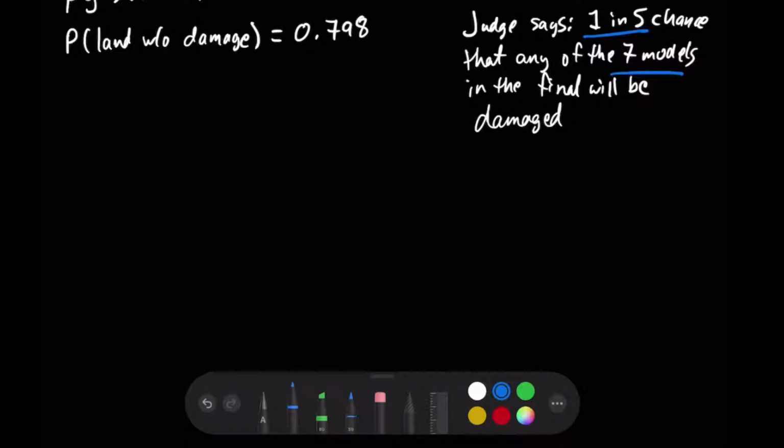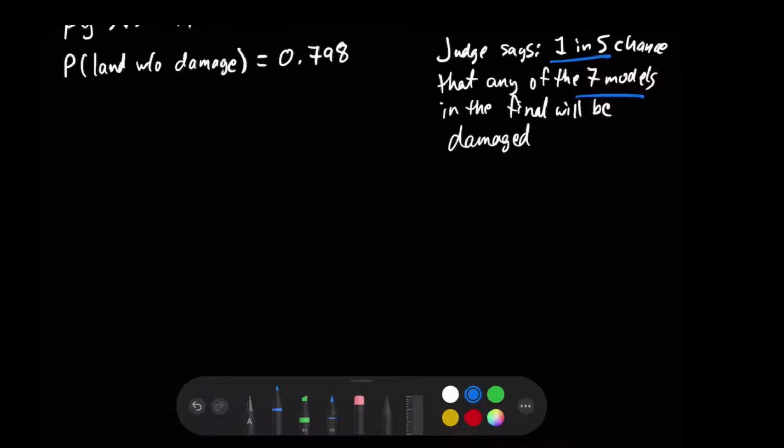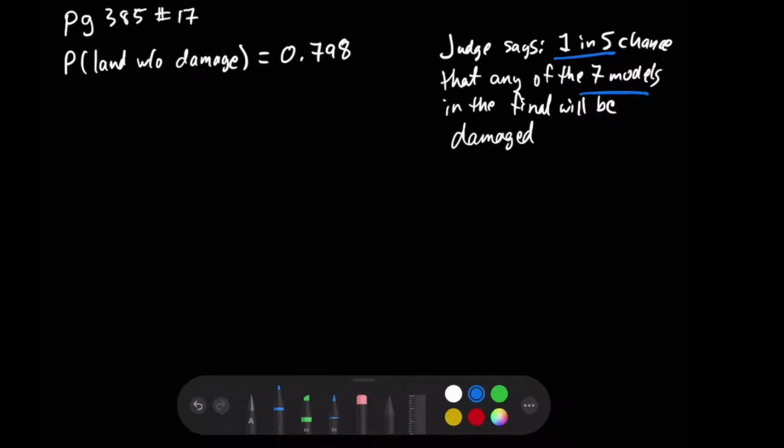We know this is a binomial distribution because it's in the binomial distribution section of the book, but that's not helpful if we're just seeing this question straight up. And so what we want to consider is that the probability is not going to change as we do our calculation. So we are told that the probability of landing without damage is 0.798. That's not going to change.